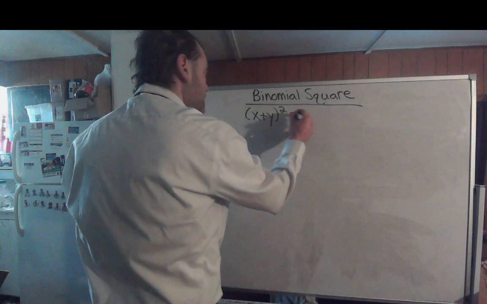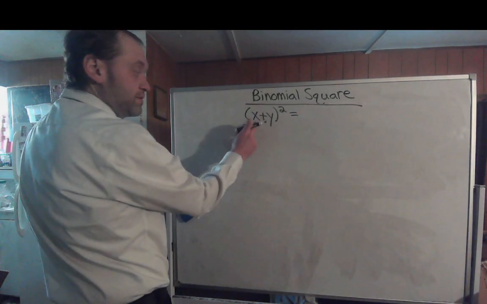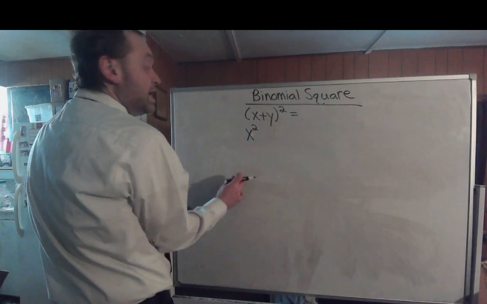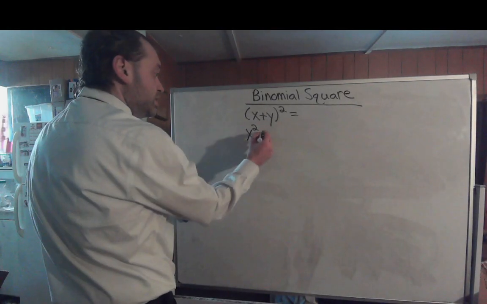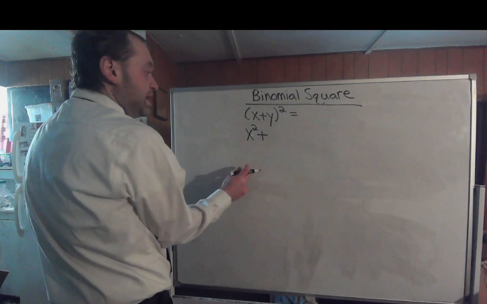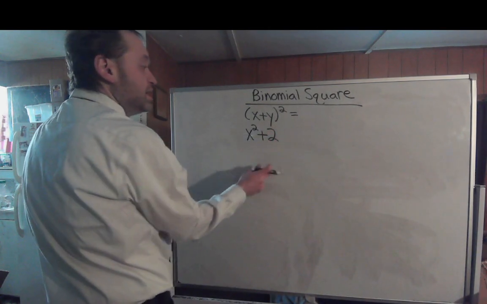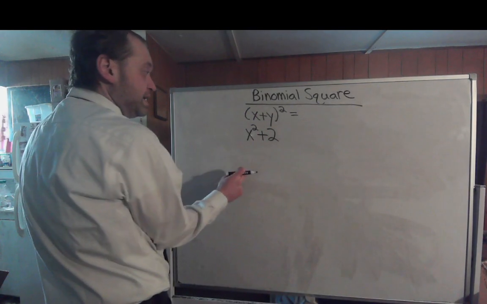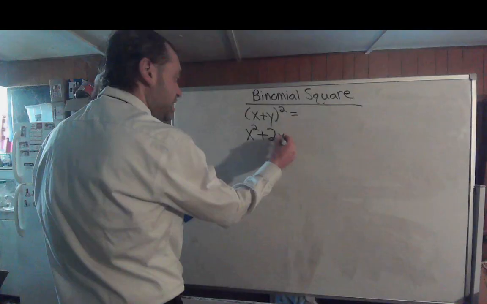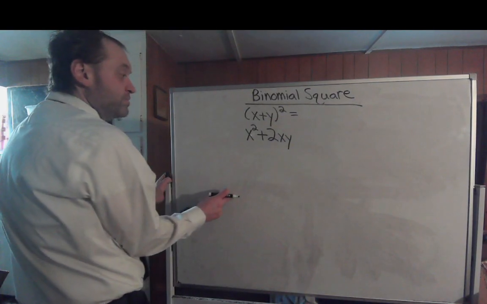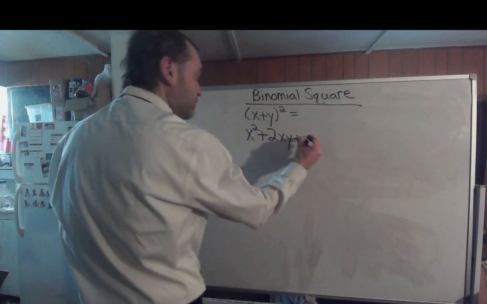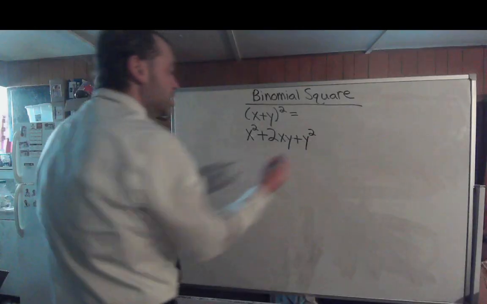Well, what you do is you take the first term, your x, you'll just raise that to the second power. Now here's what you do. You have to add twice, 2 times the two terms multiplied together. So that'd be 2 times your x and y multiplied together, plus you'll take your last term, the y, and you'll raise that to the second power.